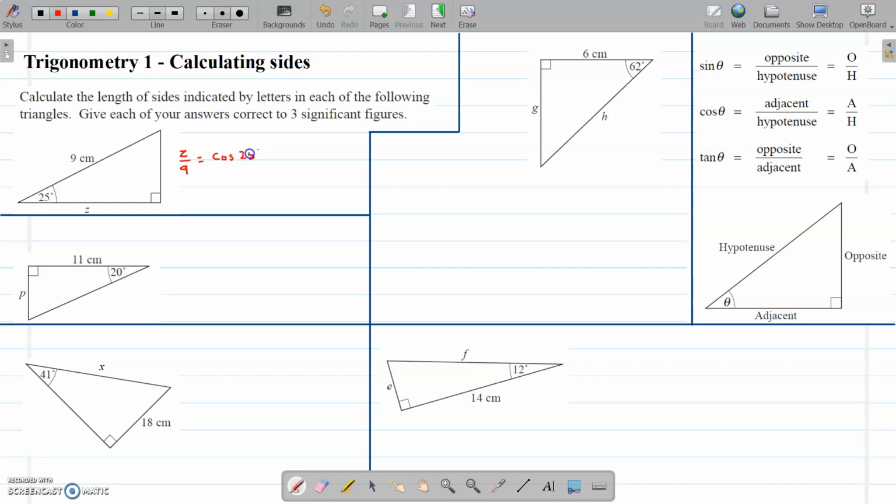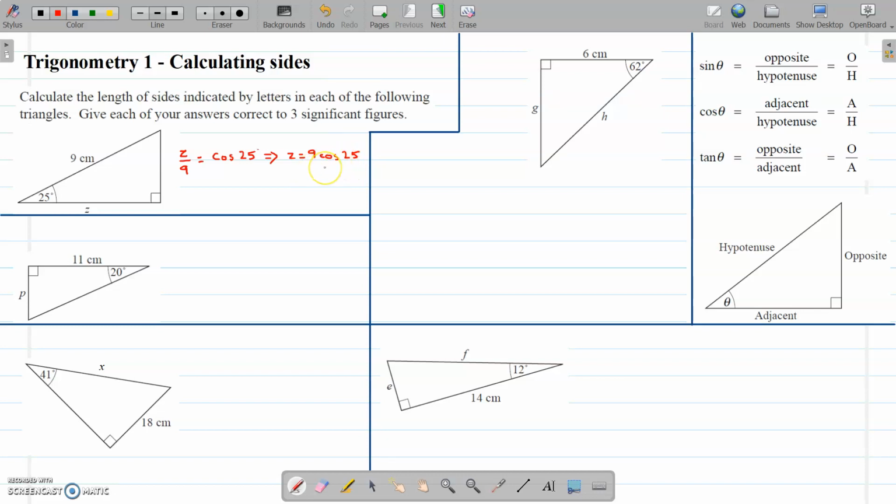So from that, if we multiply both sides by 9, z equals 9 times the cosine of 25. Now, when we put that in the calculator, we must make sure the calculator is in degrees, and there's usually a D in a box along the top of the screen.